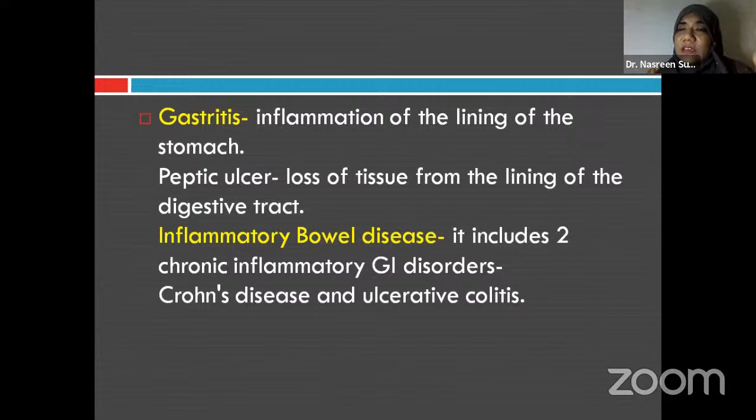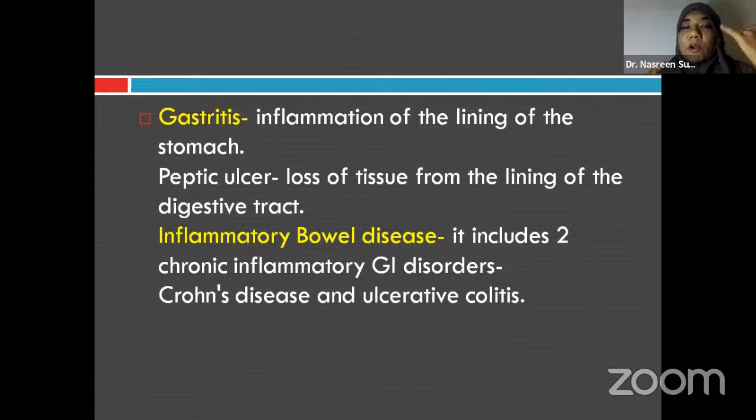Okay, so inflammation of the lining of the stomach. Peptic ulcer, it is a very common disease which is seen in the gastrointestinal tract. Okay, it is loss of tissue from the lining of the digestive tract. Okay, then you have inflammatory bowel disease. Inflammatory bowel disease, it can be due to any reason. Okay, it can be due to your eating habits, diet, and due to some infections, you can get this kind of inflammatory bowel diseases. And it includes two disorders.